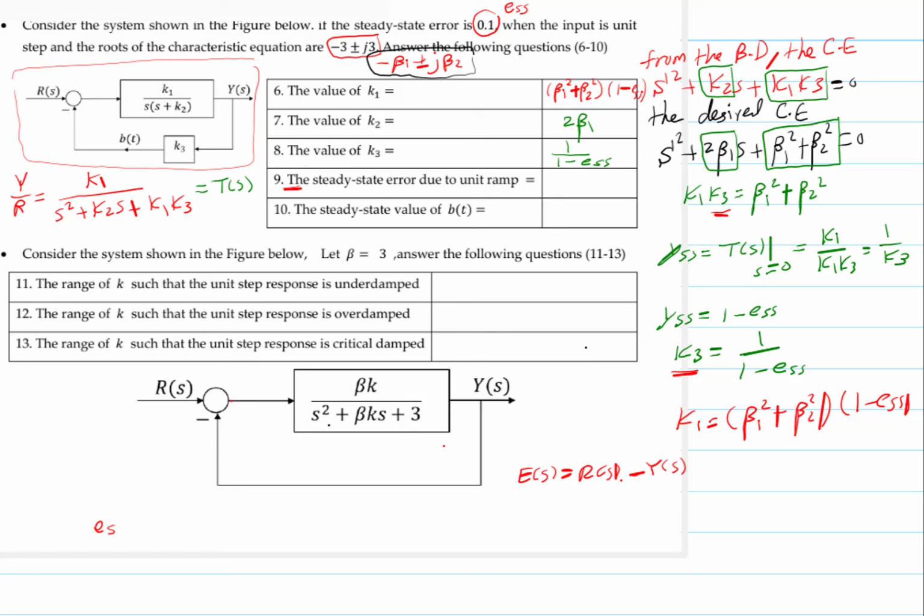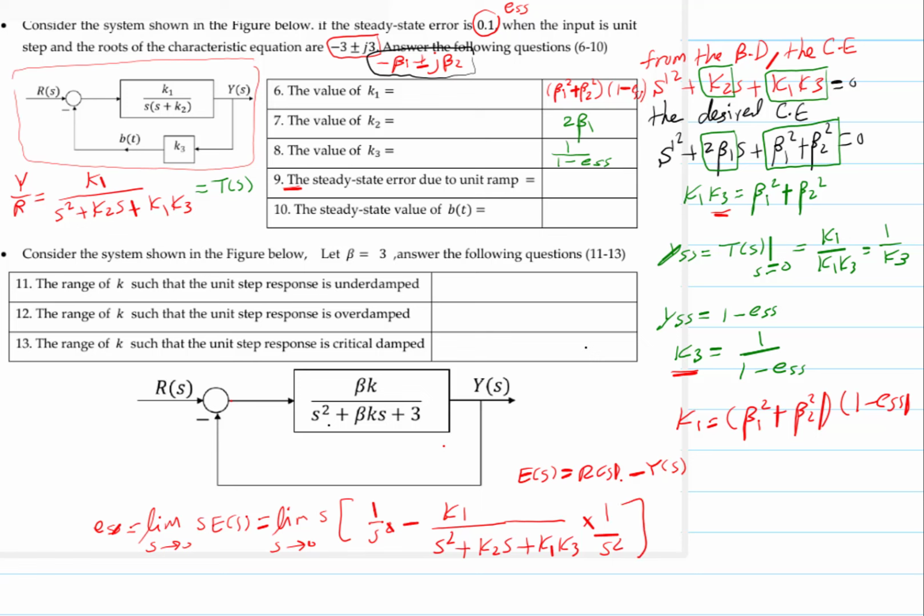Now e steady state will equal the limit as s goes to 0 of s E of s, which equals the limit as s goes to 0 of s times the input 1 over s square minus Y of s, which is k1 over s square plus k2 s plus k1 k3, multiplied by 1 over s square. So the s will cancel one of the s's.